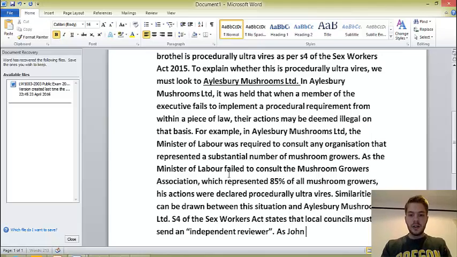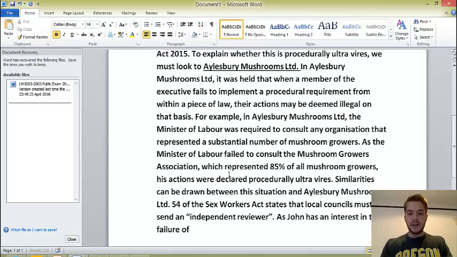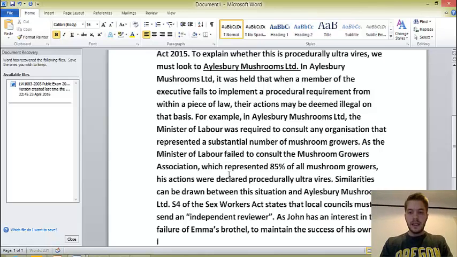As John has an interest in the failure of Emma's brothel to maintain the success of his own, he is not independent.